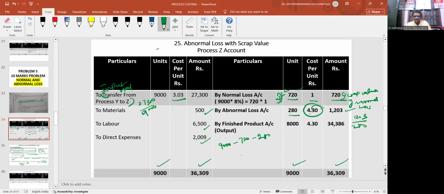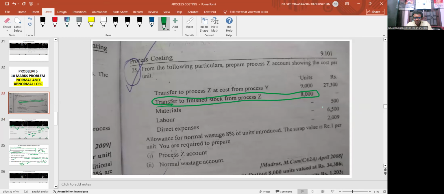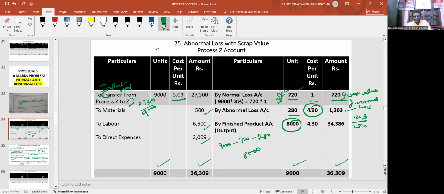You just ensure whether you are getting 8,000 or not. It should be 8,000, as given in the question itself. So this is the finished stock, by finished product account 8,000.